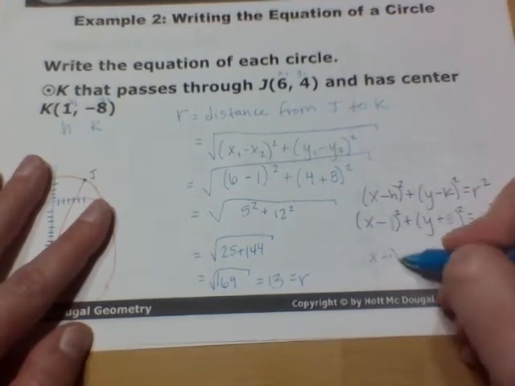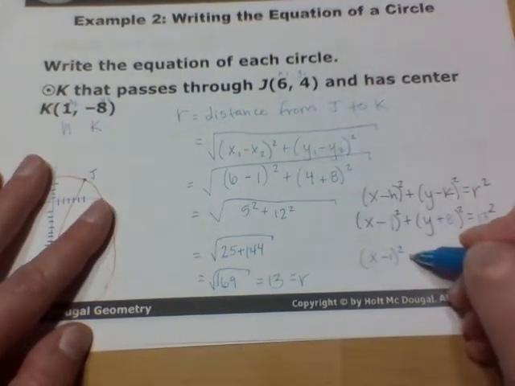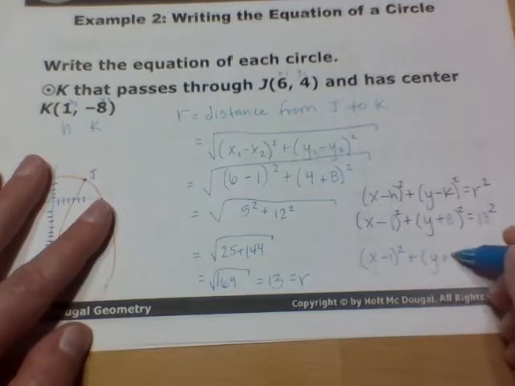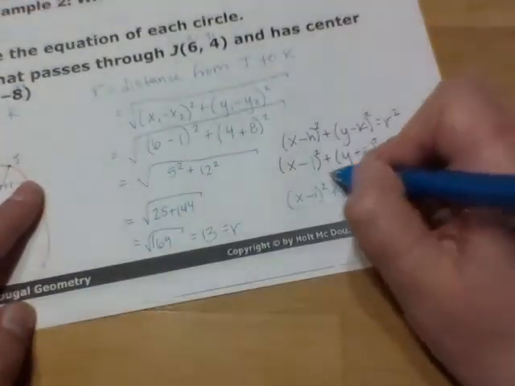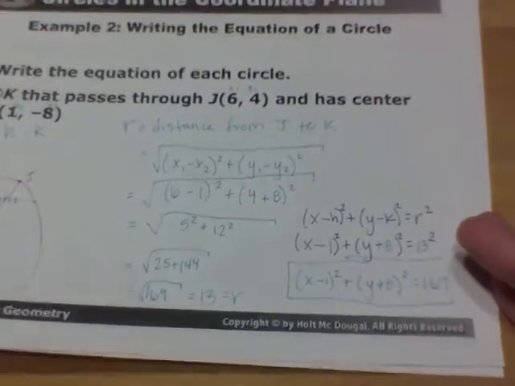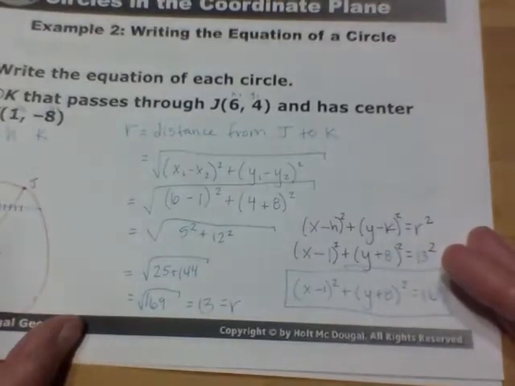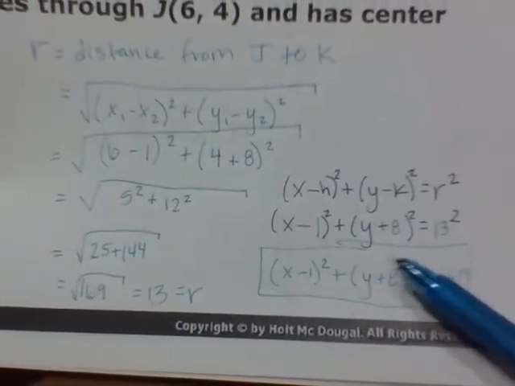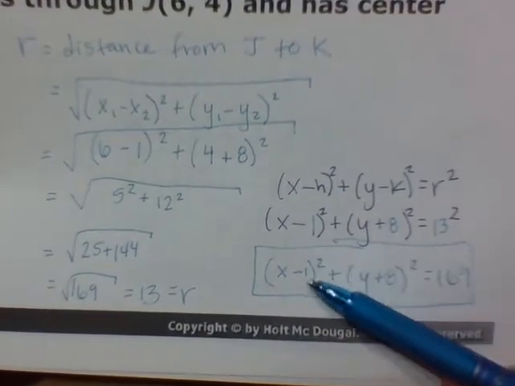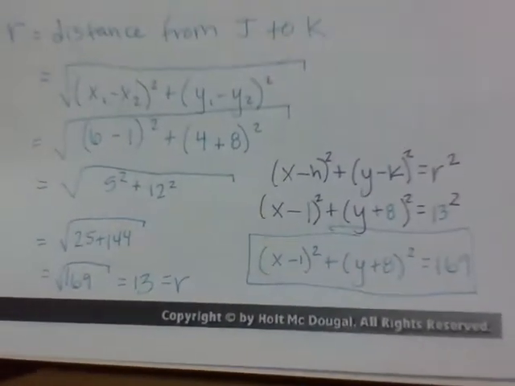So just to go ahead and rewrite this as 169. There it is. What happens with this formula a lot is that you might think that you should distribute this squared and get a positive 1 and a 64 or something like that.